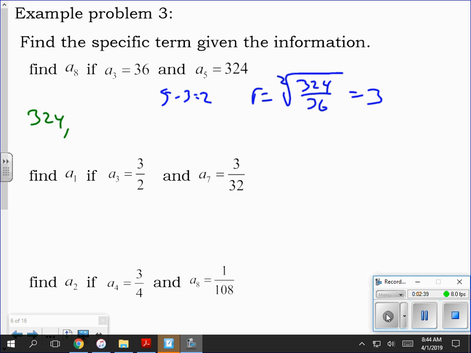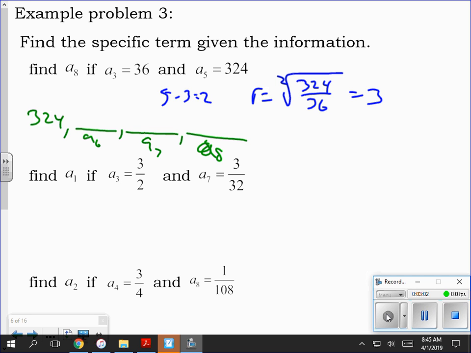I'm looking for a sub 8. So here's a sub 6, a sub 7, a sub 8. I would take 324 times 3 times, because it's a whole heck of a lot easier than trying to figure out what the first term was and finding R. Trust me, it's much easier to do.